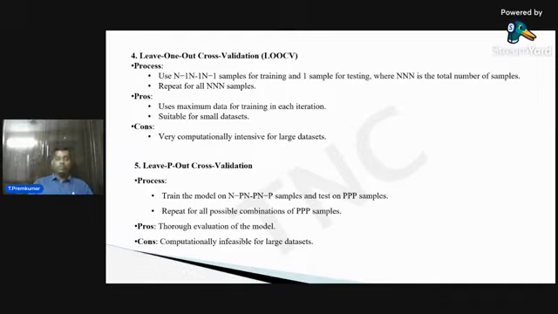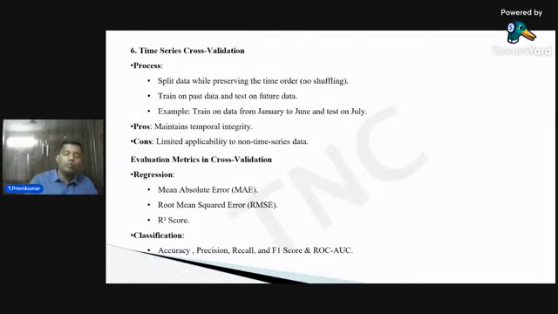Most of the cross validations we have discussed so far are not suitable for larger data sets. When you talk about time series cross validation, it splits the data while preserving the time order, with no shuffling, training on the past data and testing on the future data.